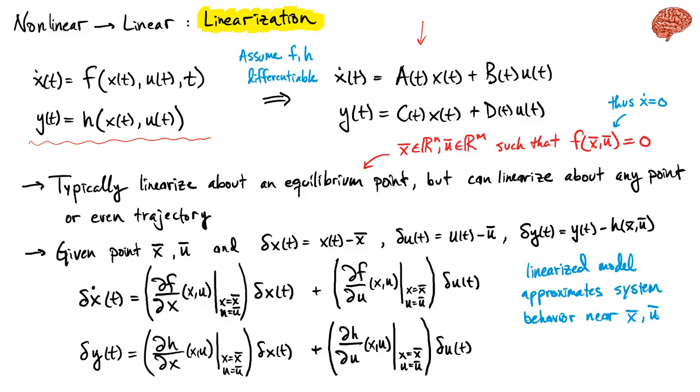So what typically we do is we find a spot. I'm going to call it an equilibrium here, but essentially this is just some state and some input set. Along some trajectory of the system, we're going to end up linearizing that, and what we're going to do is take derivatives.